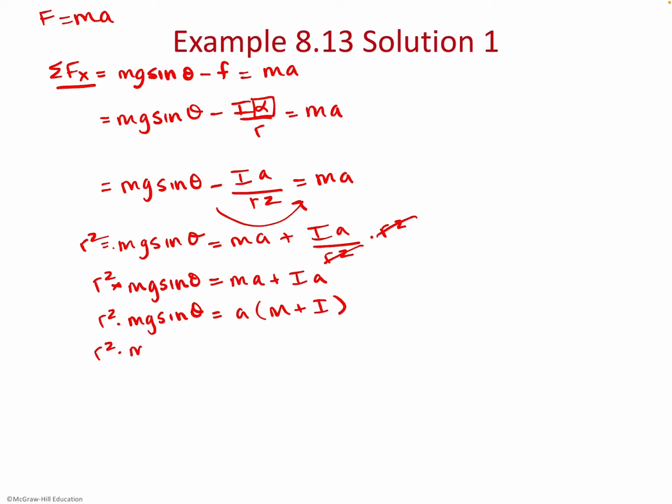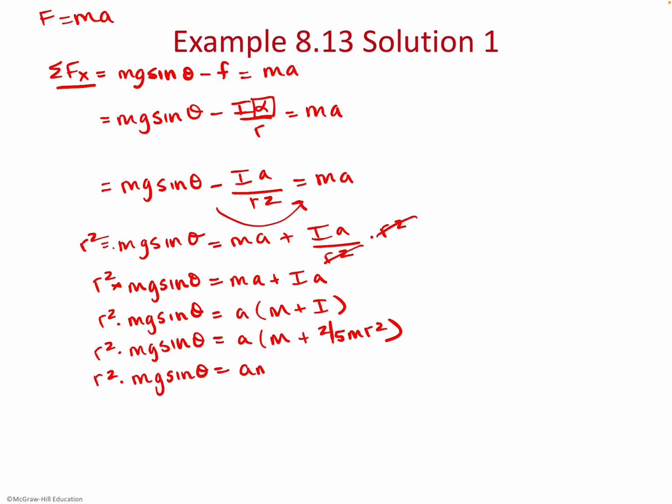Still got to keep going because you've got mass plus, you have to remember what the moment of inertia is. The moment of inertia for a solid sphere or solid ball, that's what it said in the explanation of it, is 2/5 m r squared. Well, now I have two m's, so what can I do? I can pull an m out.